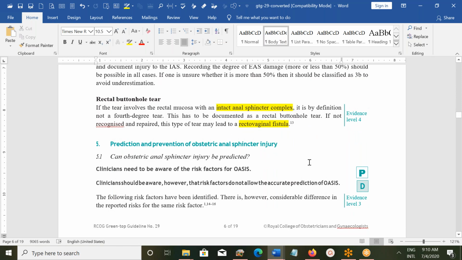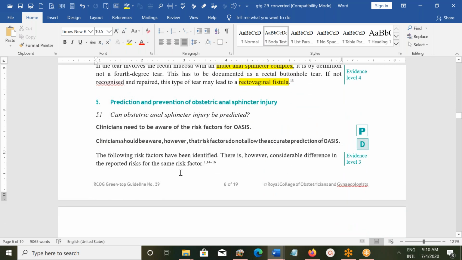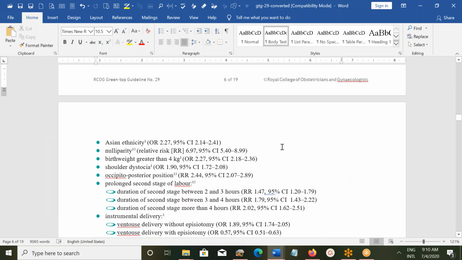Then the question arises, can we predict anal sphincter injury? We should know that there are certain risk factors, and that the risk factors do not allow accurate prediction. It's not possible.